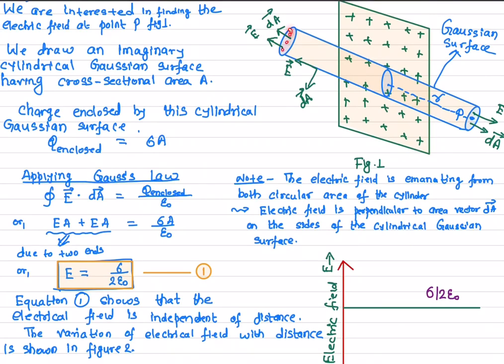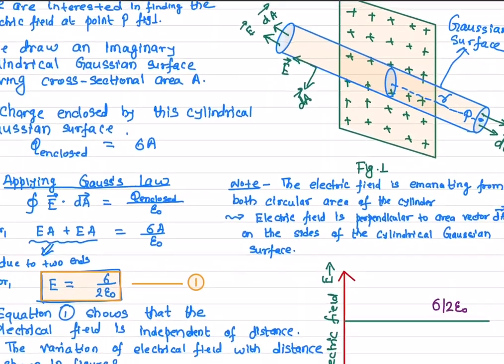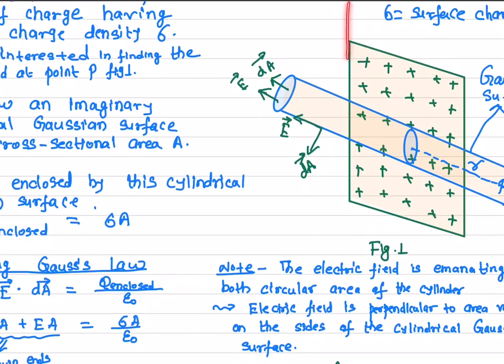So the flux is coming out of this area. At any point on this circular cross section, the electric field is constant because we have assumed this to be an infinitely long charge plane.